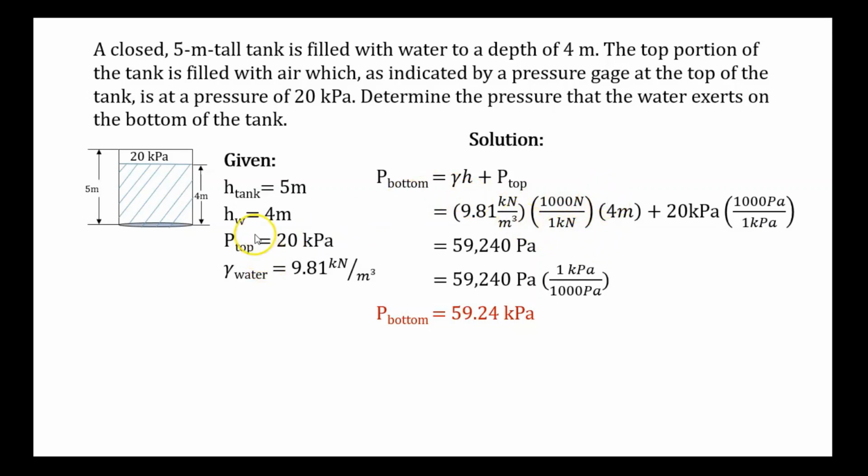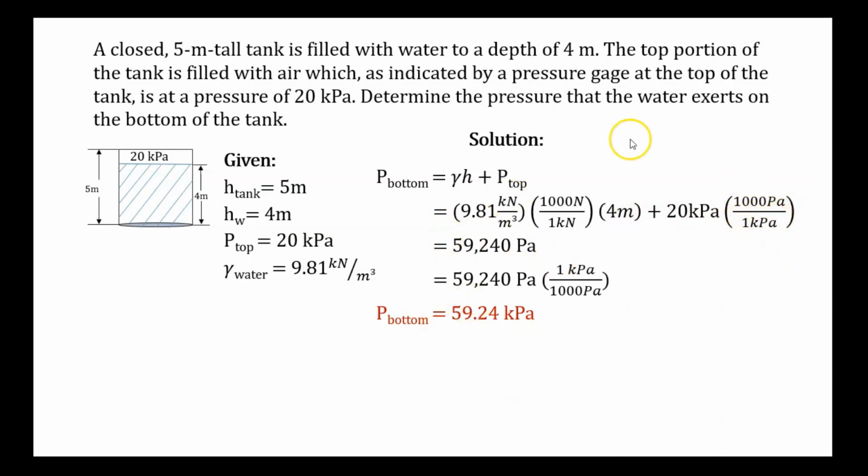Our height of water is 4 meters, plus the surface pressure, which is 20 kilopascals. Since this is in kilopascals, we need to express it in pascals, so we multiply by 1000 pascals over 1 kilopascal.